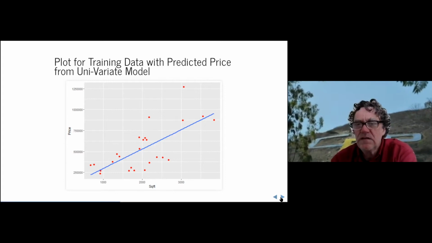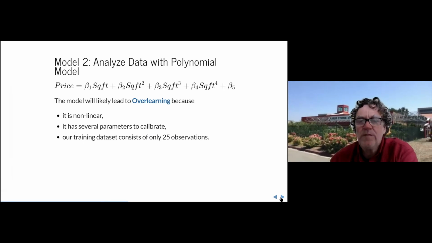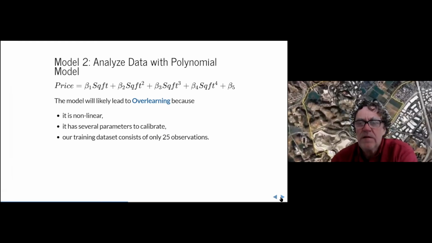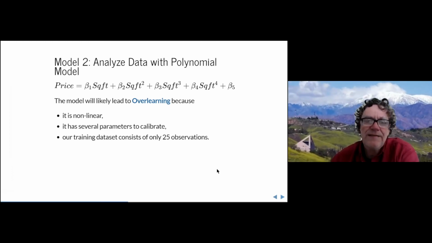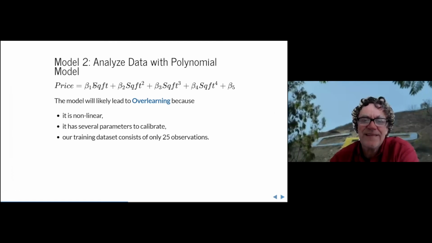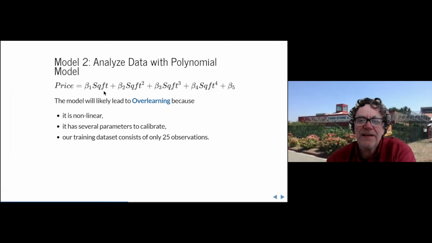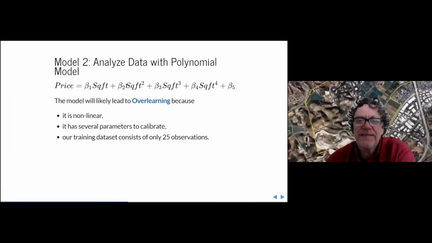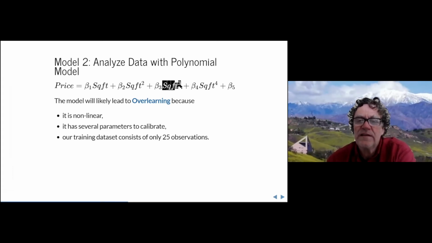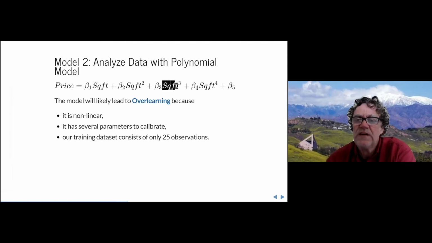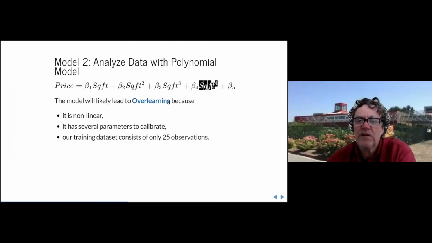Let's look at the second model. I want a model that is nonlinear, that has multiple variables. Instead of using new variables, I still stick to square feet, but I make it nonlinear by considering a second variable, square feet squared, a third one, square feet to the power of 3, and a fourth one, square feet to the power of 4.